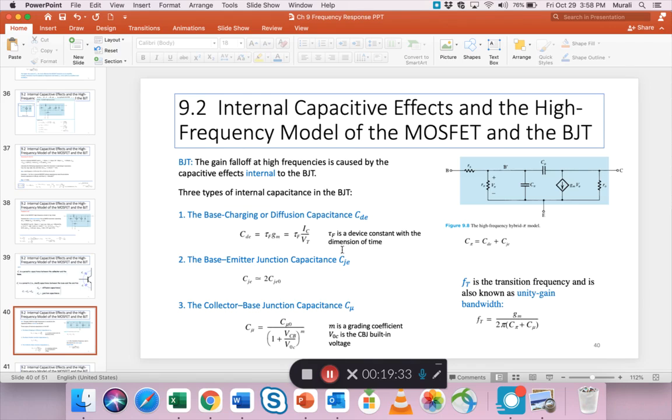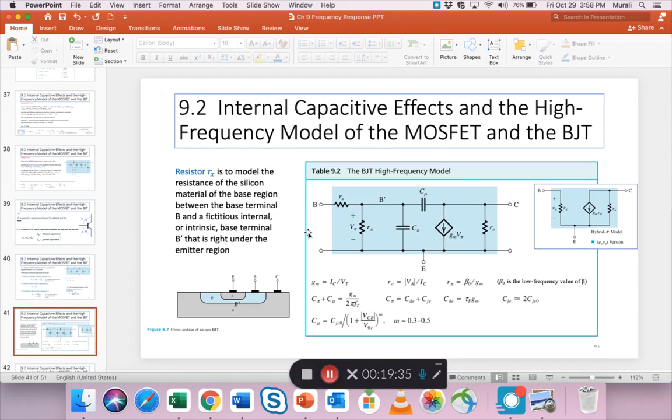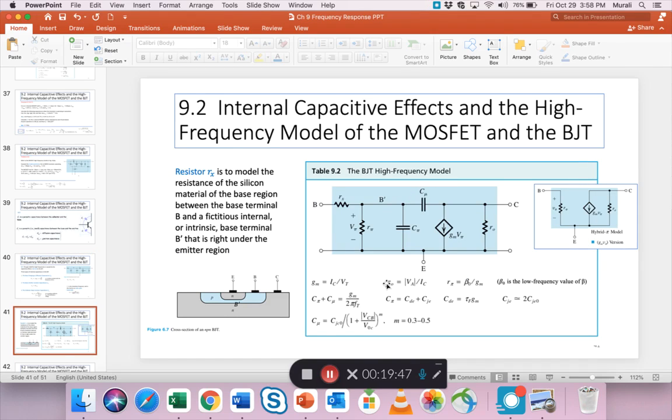All these are summarized here on this table. The next slide. Now slide 40. This is 41. And here are all the formulas. There is this additional resistor that was introduced, right? I told you that's between B and B prime.